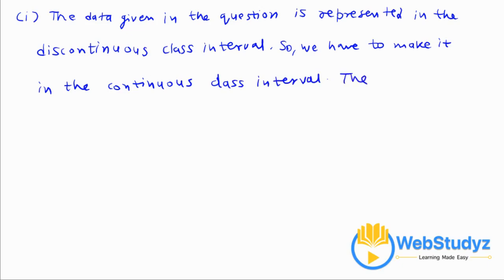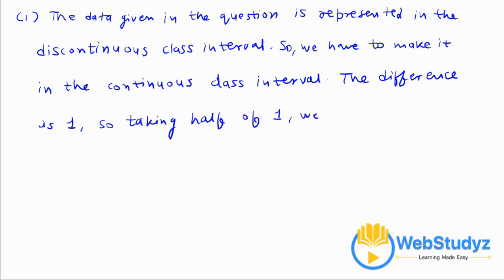The difference is 1. So taking half of 1, we subtract 1 by 2, which will give us 0.5.